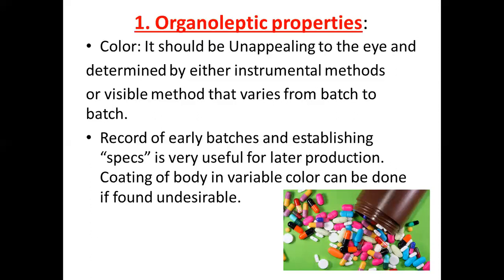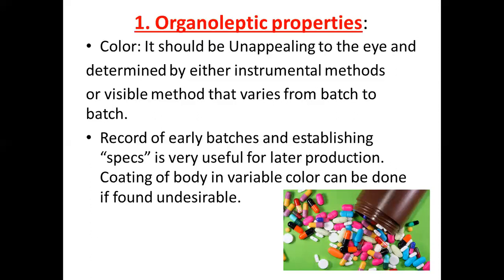And the specs refer to the specifications: what the original specification is, how they look, and it's very useful for the later batches' synthesis. And coating of a body in a variable color can be done if found undesirable.